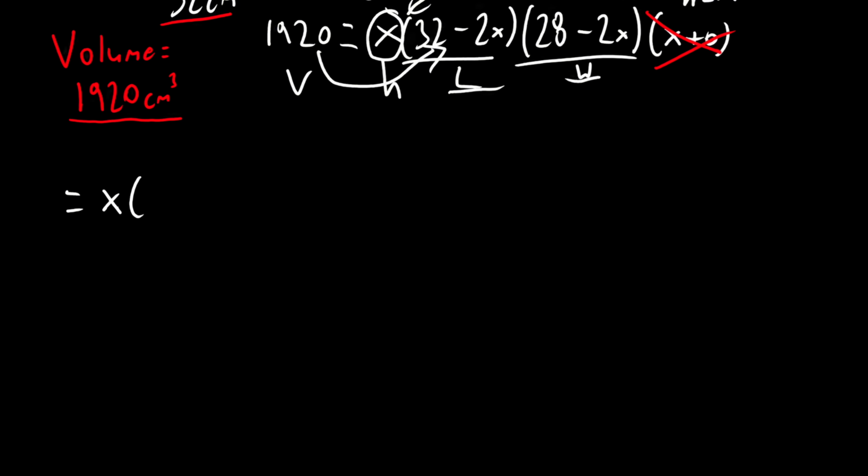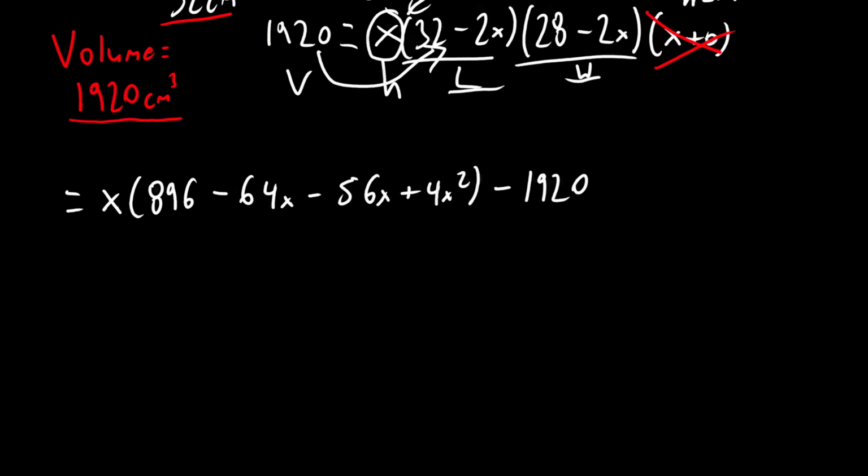So this will equal x times 32 times 28, which is 896, then 32 minus 2x, so we subtract 64x, and then negative 2 times 28 gives us negative 56x, and then negative 2x times negative 2x gives us plus 4x squared. Close bracket minus 1,920. Now we want to distribute this x into this bracket.